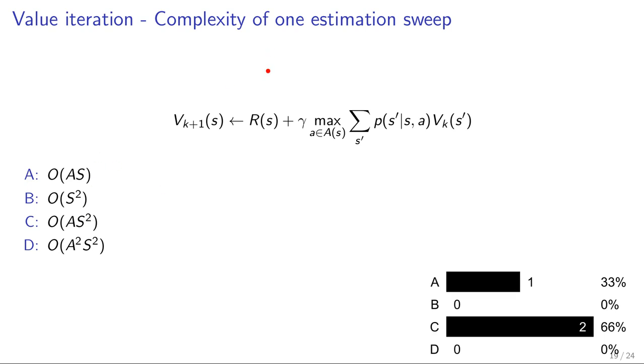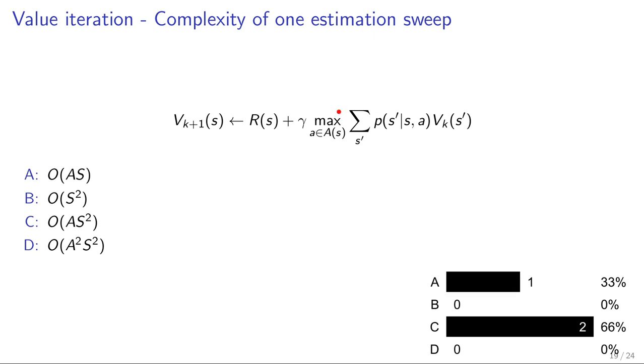It's because you go through all the states in every sweep, right? And for every state, you're calculating the value. Those are the different states in the environment, you can imagine. Then you're considering all actions because you need to max over them.